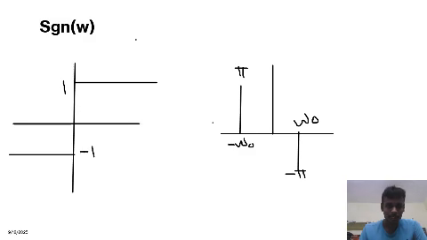So this is the plot of signum omega, and this is the plot of the sine transform.